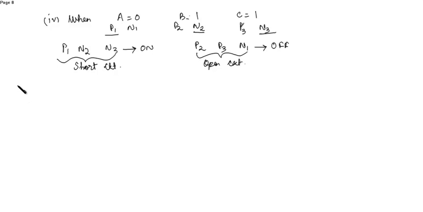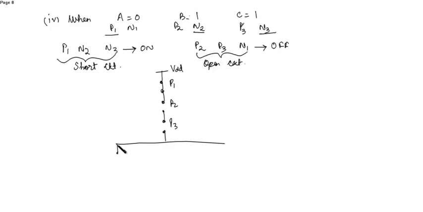Okay, so now P1 is short, P2 and P3 are open. This is P2 and this is P3. Now N1, N2 and N3.